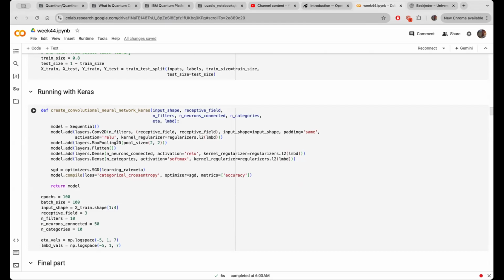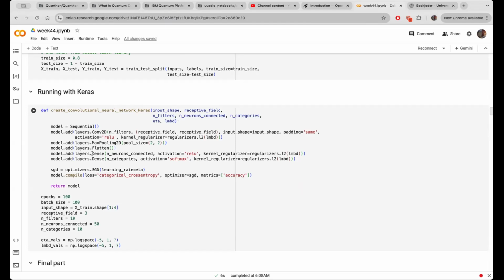This pooling layer means that we look at the output in blocks of 2 by 2, and we pick the largest number of a submatrix of dimensionality 2 by 2. Then we flatten the output from the convolutional stage and the pooling stage.